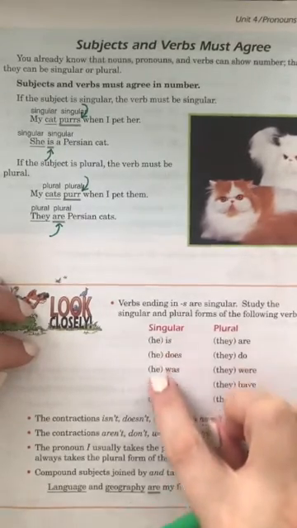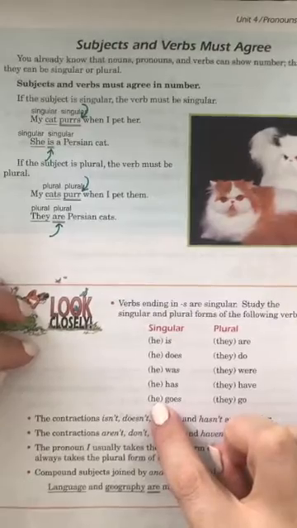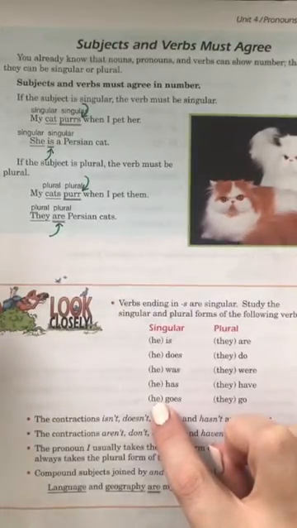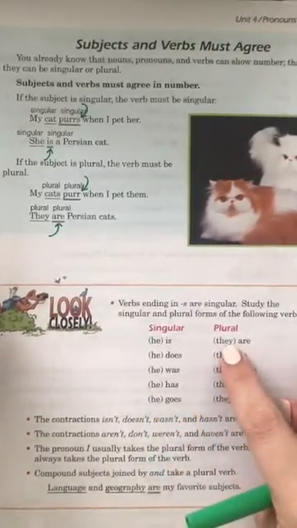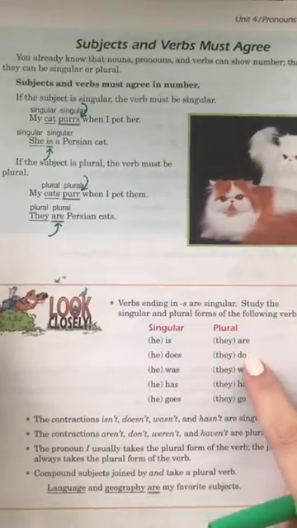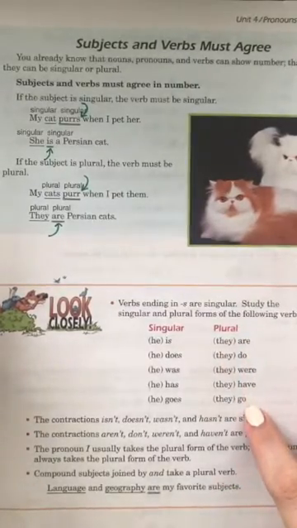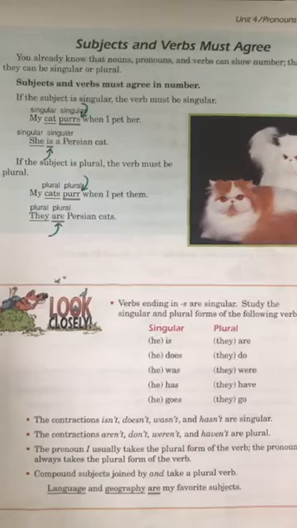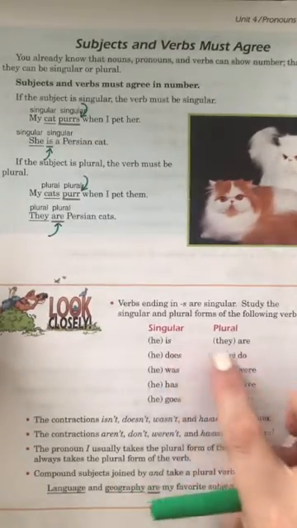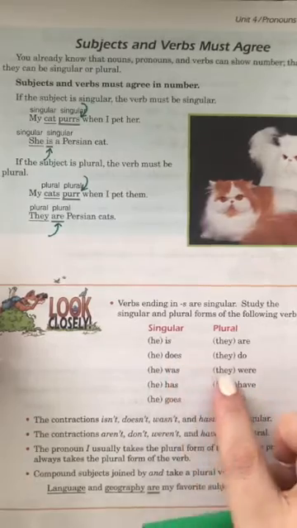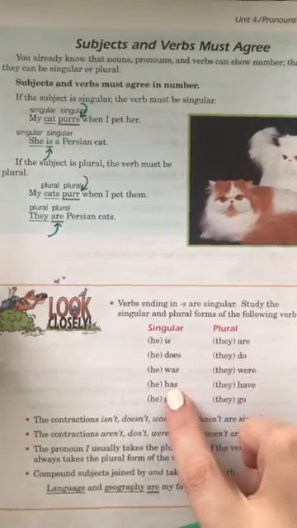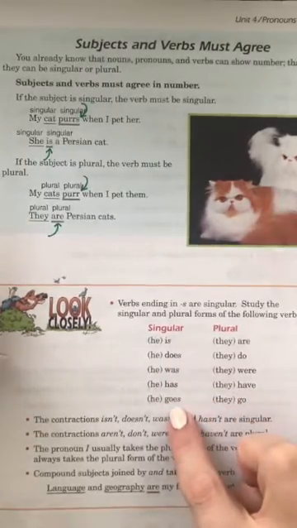These all make sense. But if you're talking about more than one person and you use the word they, then all of these verbs change. As an example, we would not say they is, or they does, they was, they has, they goes.